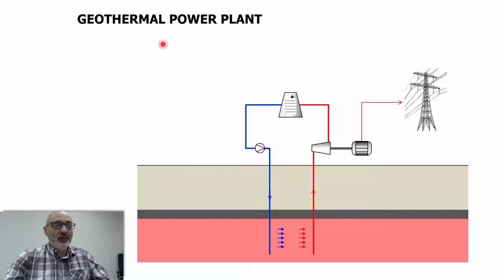A geothermal plant, as it's shown here, takes the heat from the underground. It works more or less like this. You pump cold water through a rock that receives heat from the center of the earth.